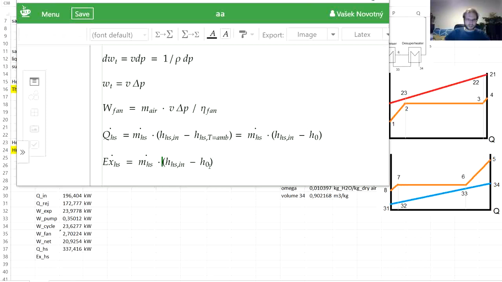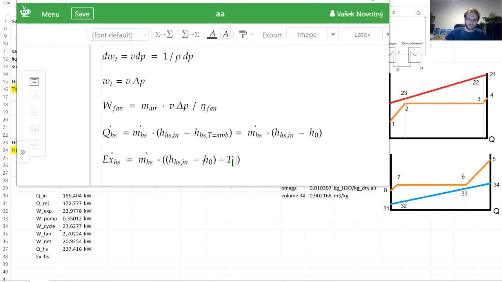But it's not just the enthalpy difference, because the energy content that can be converted to work is lower, and it goes as enthalpy at the inlet minus enthalpy in the dead state minus the absolute temperature of the dead state in kelvins multiplied by the entropy of the heat source inlet minus the entropy of the dead state. So it will look like this.